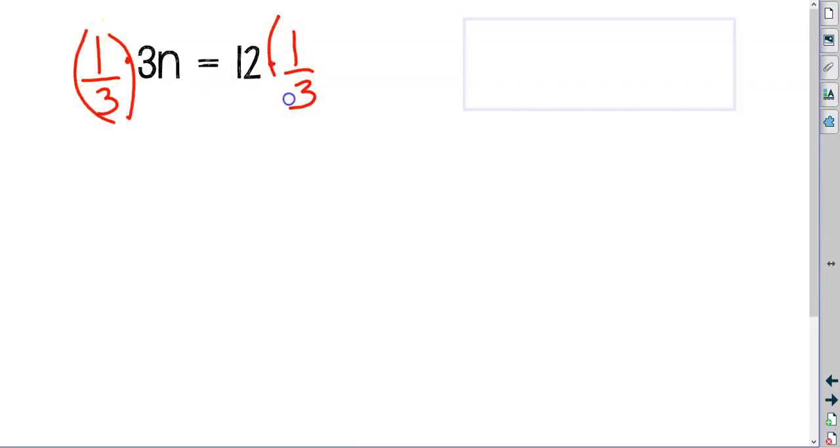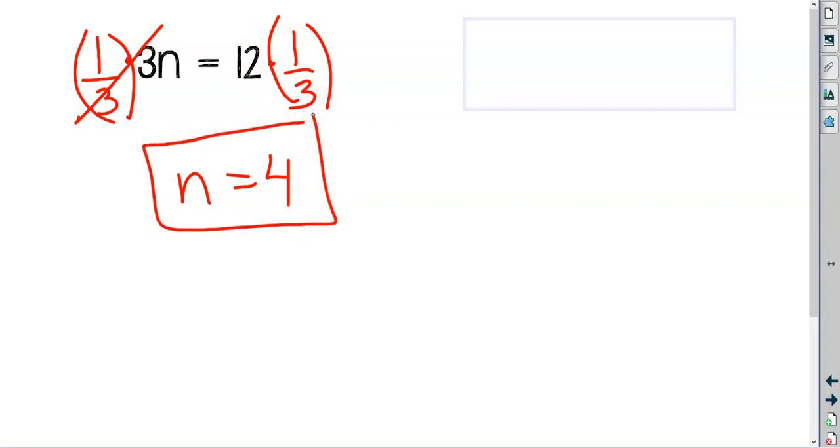You can use parentheses to show multiplication as well. These are multiplicative inverses, which means they reduce to a 1. But when our coefficient is 1, we usually leave it invisible. 12 times 1 is 12, and 12 divided by 3 is 4. Again, I got the same answer as when I divided both sides by 3.